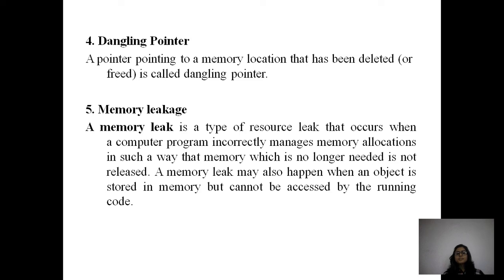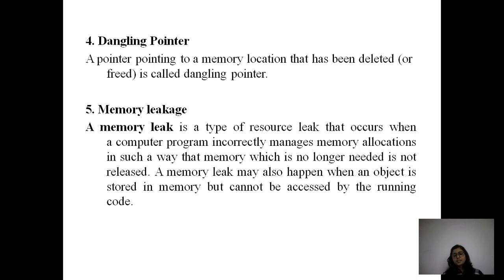And the last one is memory leakage. Basically, memory leakage is a type of resource leakage that occurs when a computer incorrectly manages memory locations in such a way that memory which is no longer needed is not released. Let's suppose when variables are created, memory is assigned.